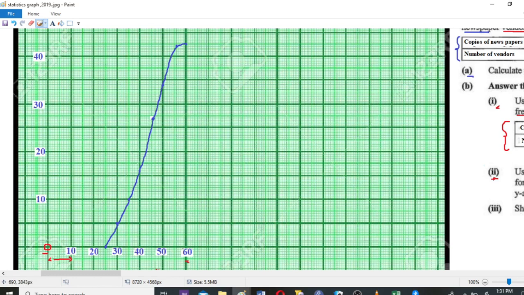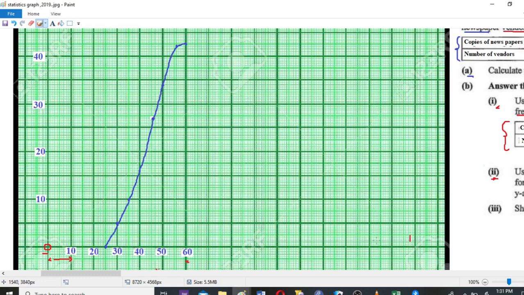All right, now in the y-axis, after every 2 horizontal lines I'm having my 1. All right, so we know how to count now. So we can go ahead and make those points.